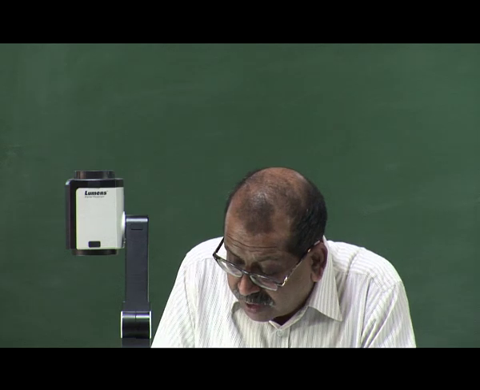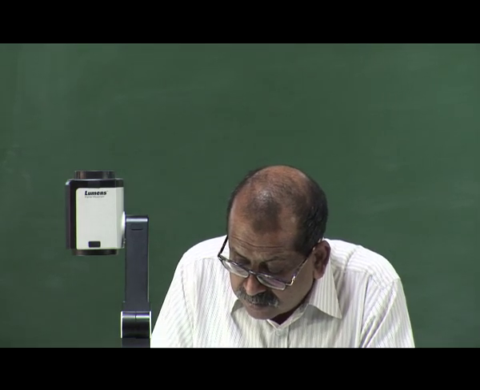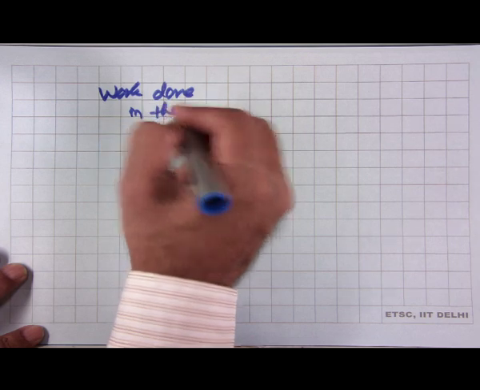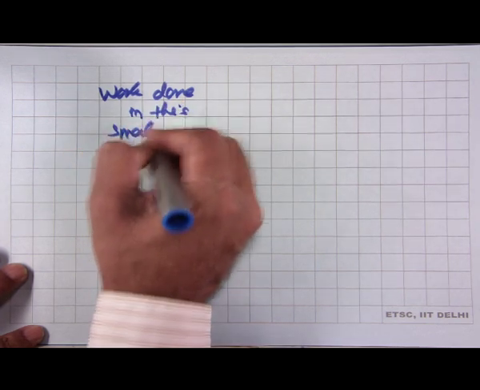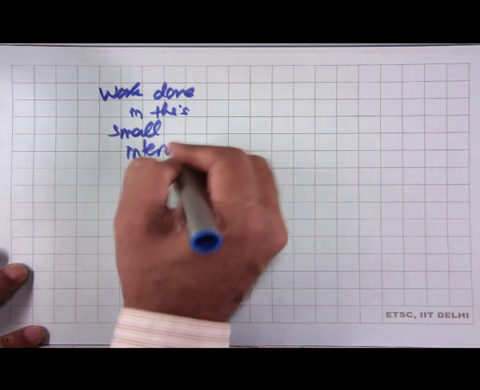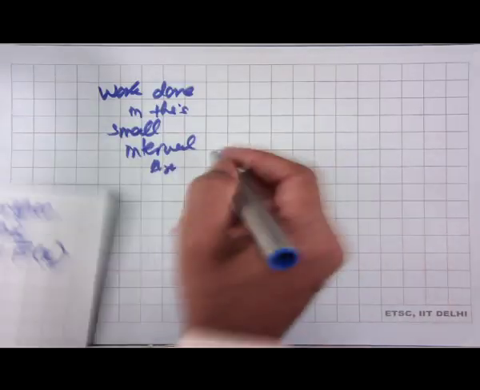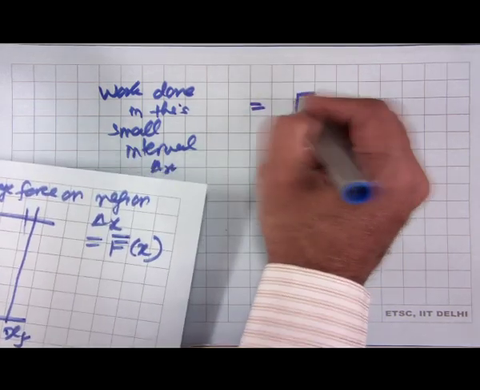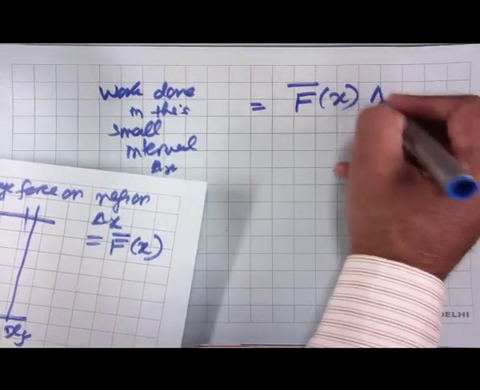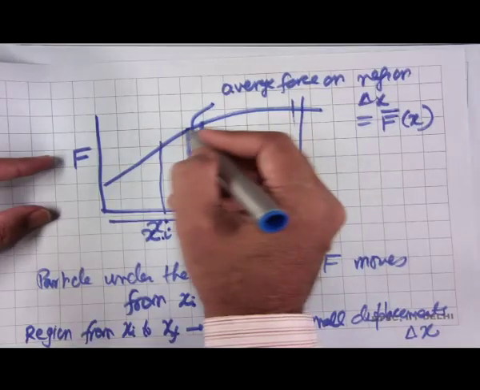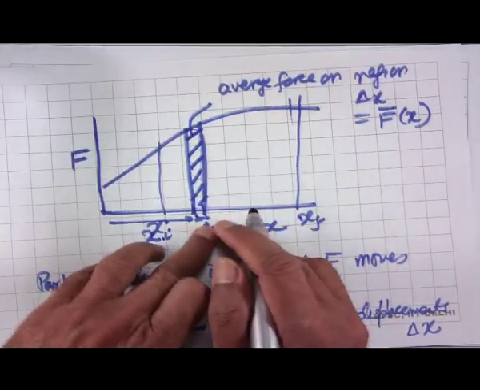So, the work done in this small interval delta x. So, over this small interval delta x, the work done will be equal to f bar of x times delta x, because the average force here is f bar, the displacement is delta x.